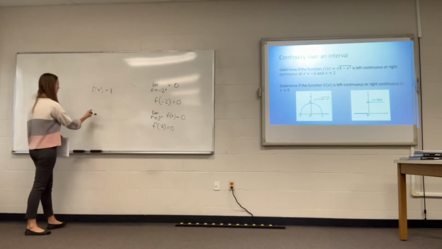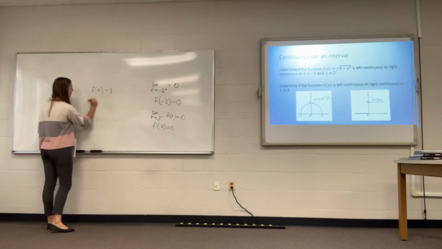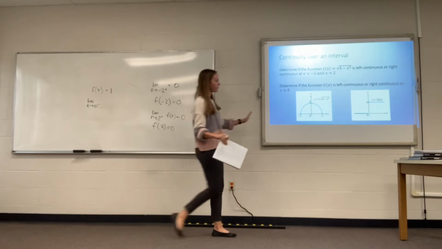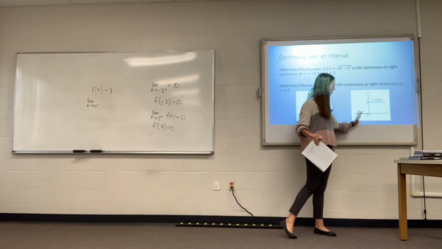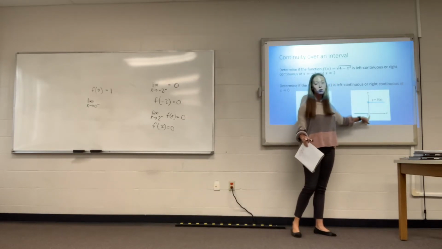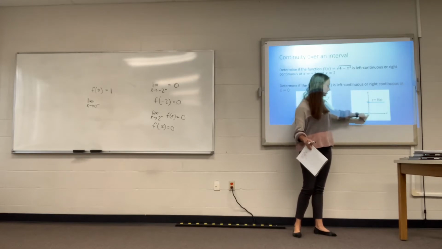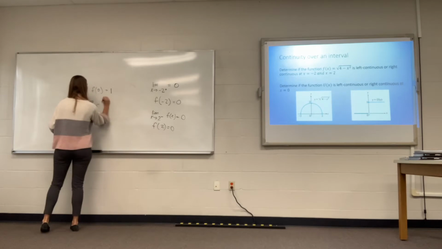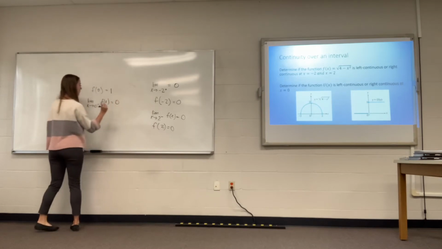So my f of 0 is actually 1. If I'm limiting x to 0 from the left-hand side, as I approach 0 from the left, my y looks like it's approaching 0 as well. So my limit there from the left side would equal 0.